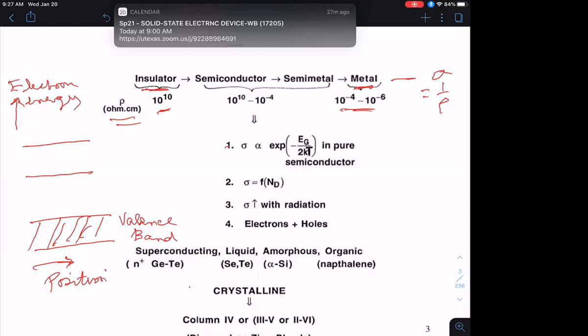In our case, it'll be the silicon crystal. The top of the valence band is called E sub V. And then above that, you'll have a more or less empty band, which is called the conduction band. It's normally empty except for a few electrons being in there. And the bottom of that is called E sub C. The separation between the two is called the energy gap.